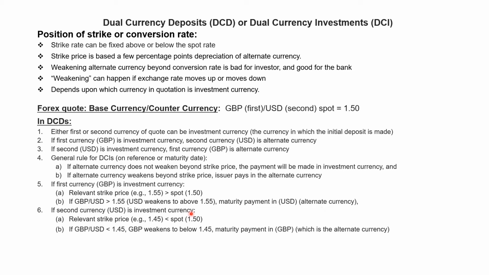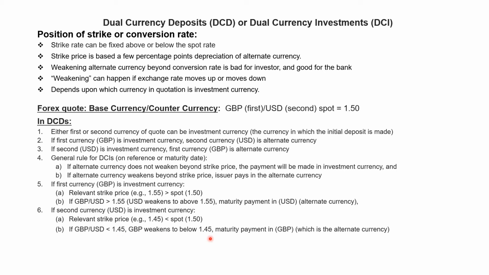Let's say the second currency is the investment currency. For example, in the GBP USD quote, if the USD is the investment currency, the relevant strike price for the conversion, for example 1.45, will be set below the spot 1.50. Payment will be made in the first currency, that is GBP, which is the alternate currency, if the first currency weakens below the strike, that is GBP USD falls below 1.45, that is the GBP weakens below 1.45.